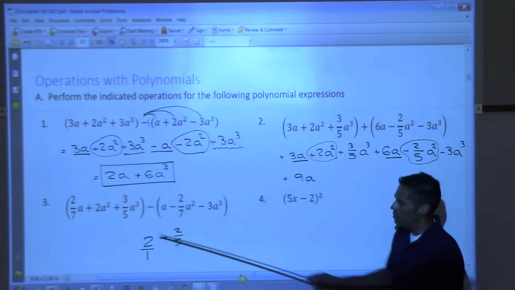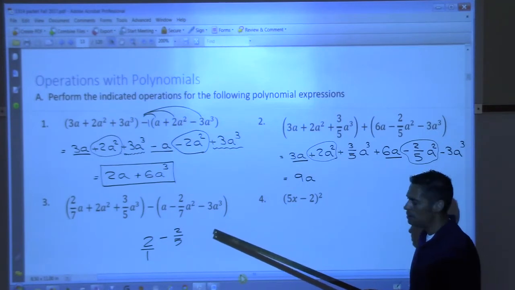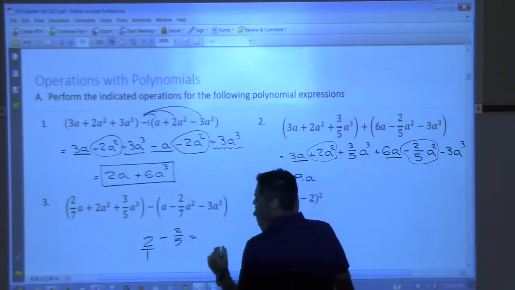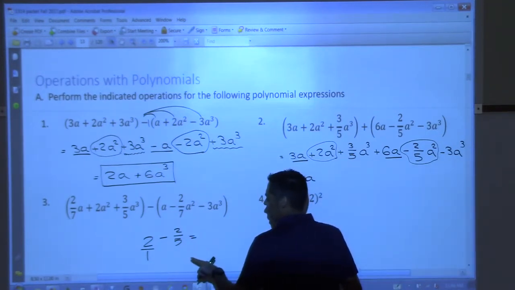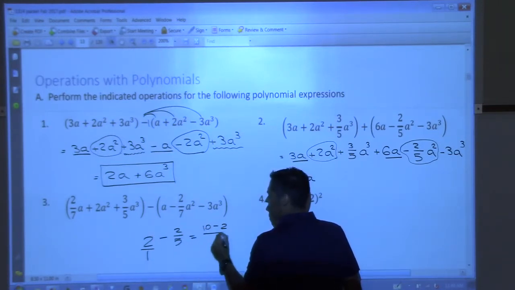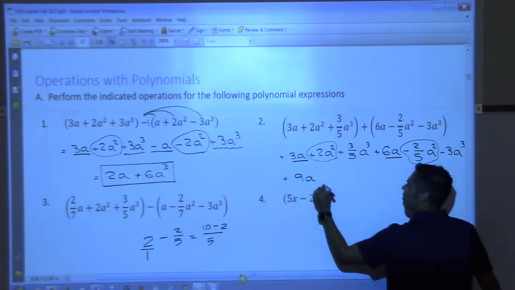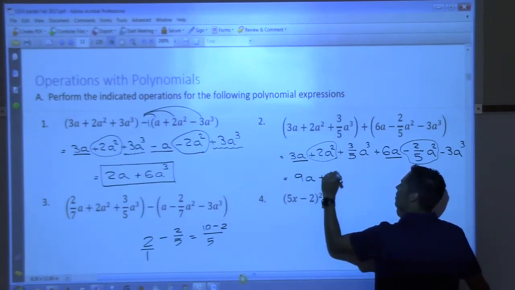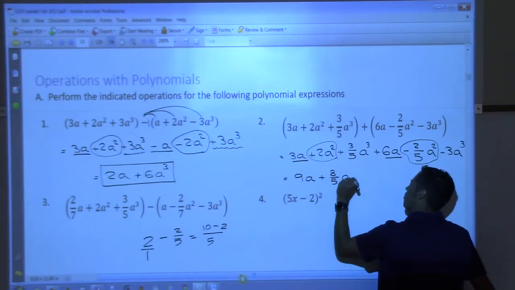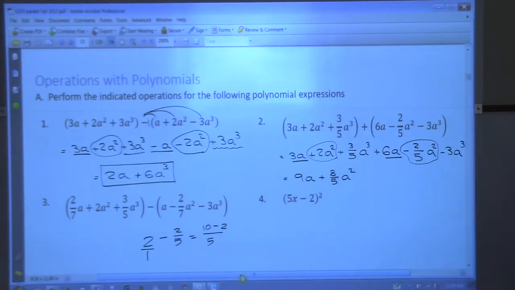And then I do my little cross thingy again. All right? What is that when I do that? 10 minus 2 over 5, so 8/5. So we're going to get plus 8/5 a squared. Are there any questions on that part?